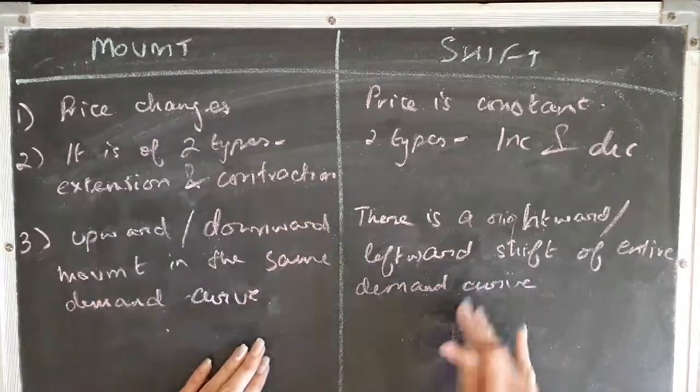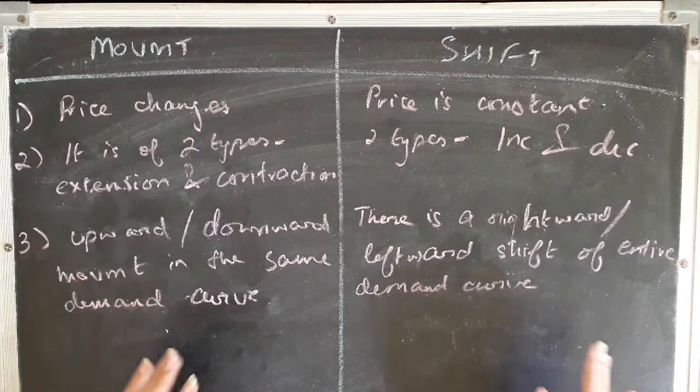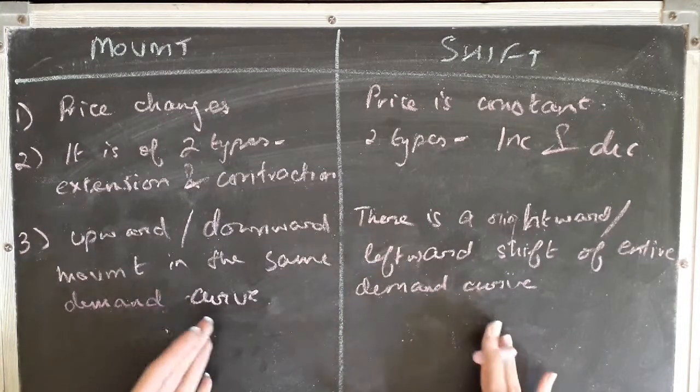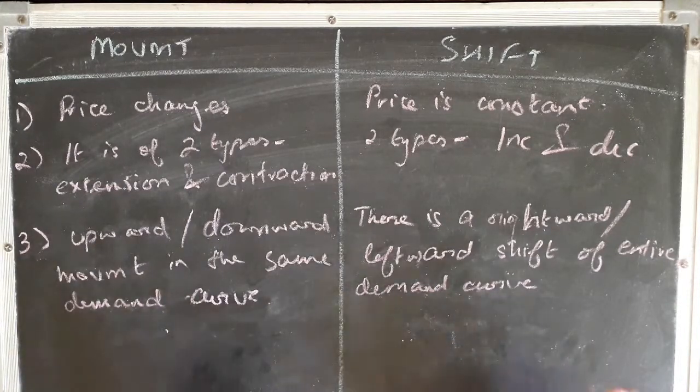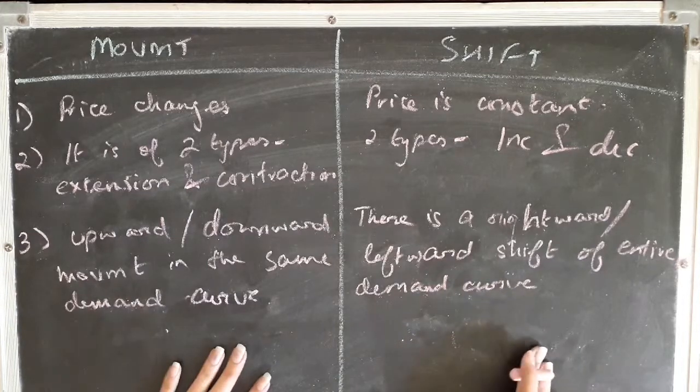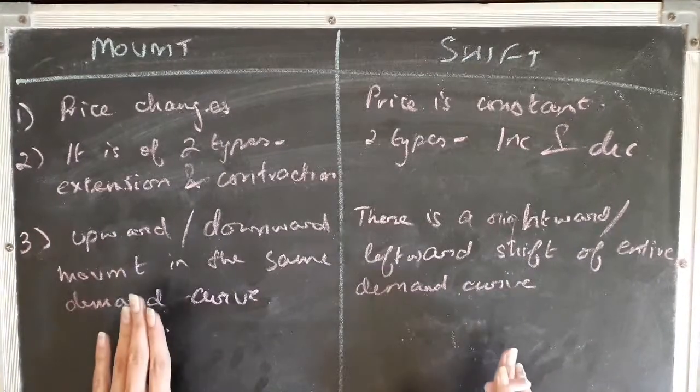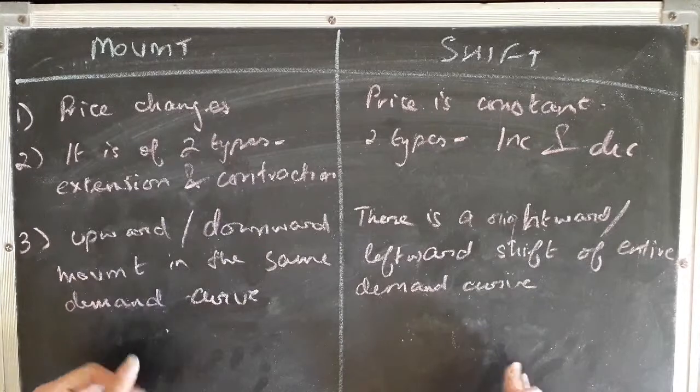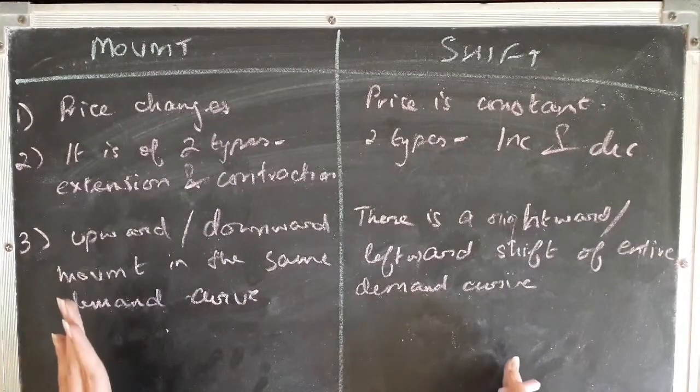So in this case, the entire demand curve is shifting and we are getting a new demand curve, which is either to the right or to the left of the initial demand curve. But here, the demand curve is the same throughout. It is just that we are either moving upward or downward along it.